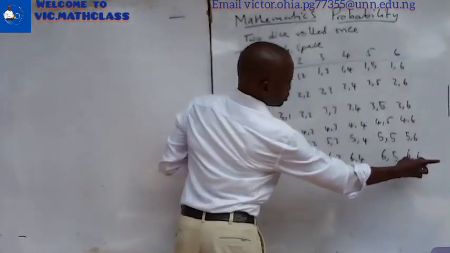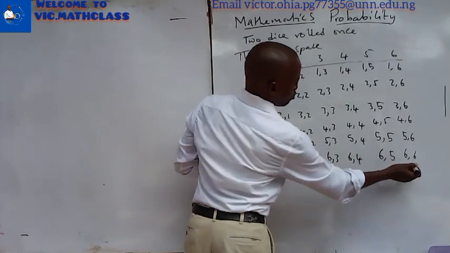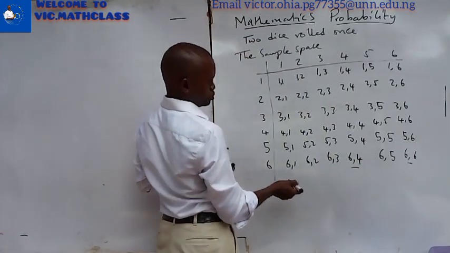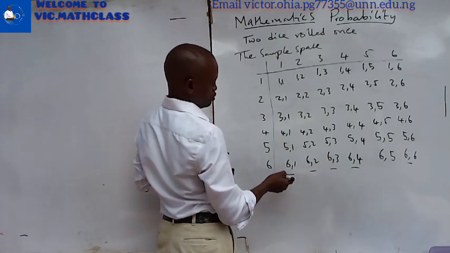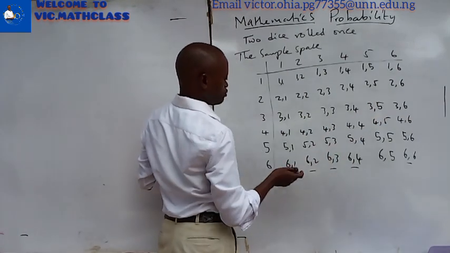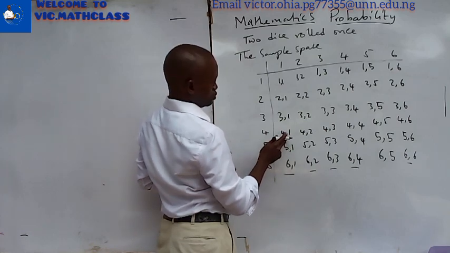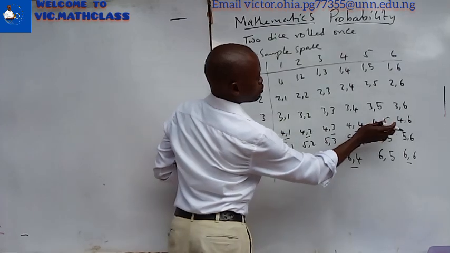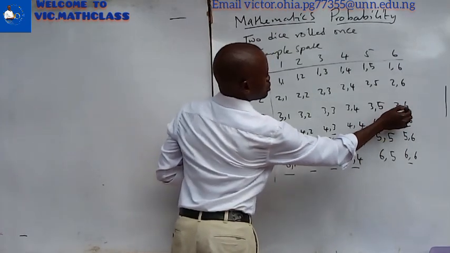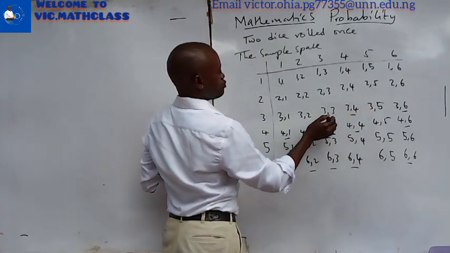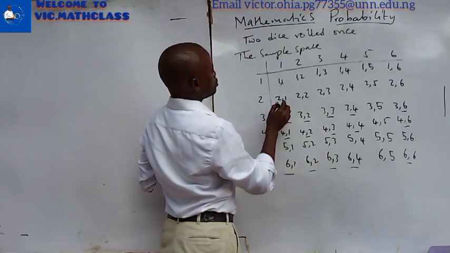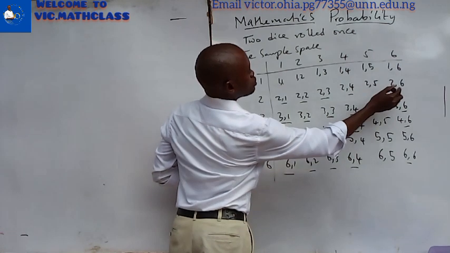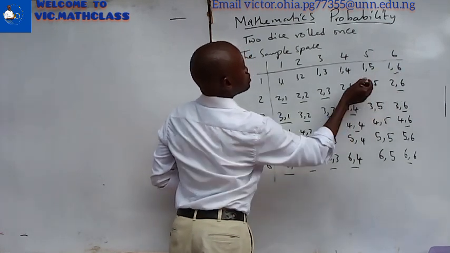So the first pair will be this. I can mark something there. 1, 2, 3, 4, 5. 5 will be out because 5 is not a factor of 12. 4 and 1, here, here, here, here. 5 is here. 3 and 6 here. 3 and 4, 3 and 3, 3 and 2, 3 and 1. 2 and 1, 2 and 2, 2 and 3, 2 and 4, out. 2 and 6, 1 and 6, 1 and 4.